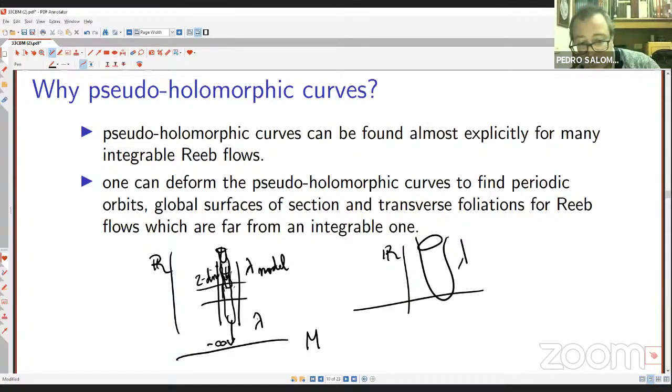You push the holomorphic curves down, and this is the method, to produce a holomorphic curve for your given contact form, and then you find a periodic orbit, let's say P3 tilde, which has nothing to do with the periodic orbit associated to your model. It finds the holomorphic curve, since it has finite energy, it finds another periodic orbit, and it also gives you a plane, and you try to do it with the whole foliation. So that's one of the strengths of this method. It's not perturbative.